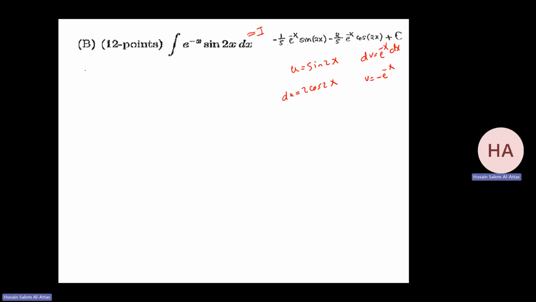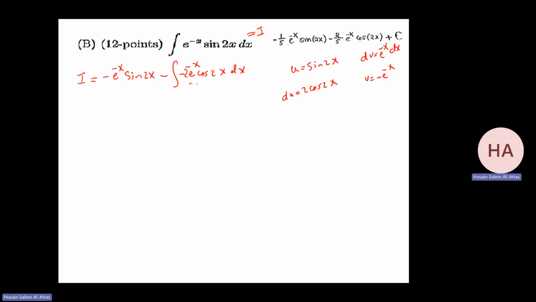Okay, so I will be minus e^(-x) sine 2x minus the integral of minus e^(-x) with 2 cosine 2x dx.